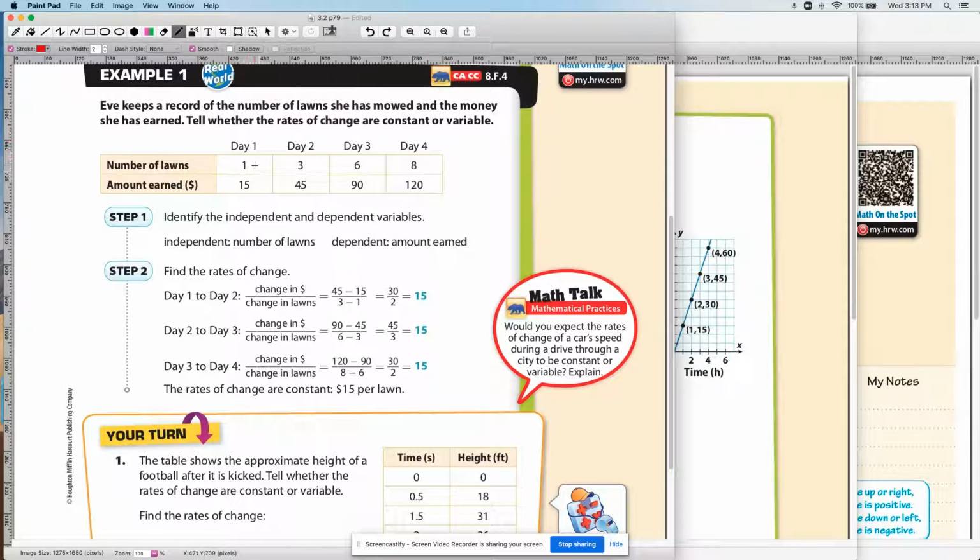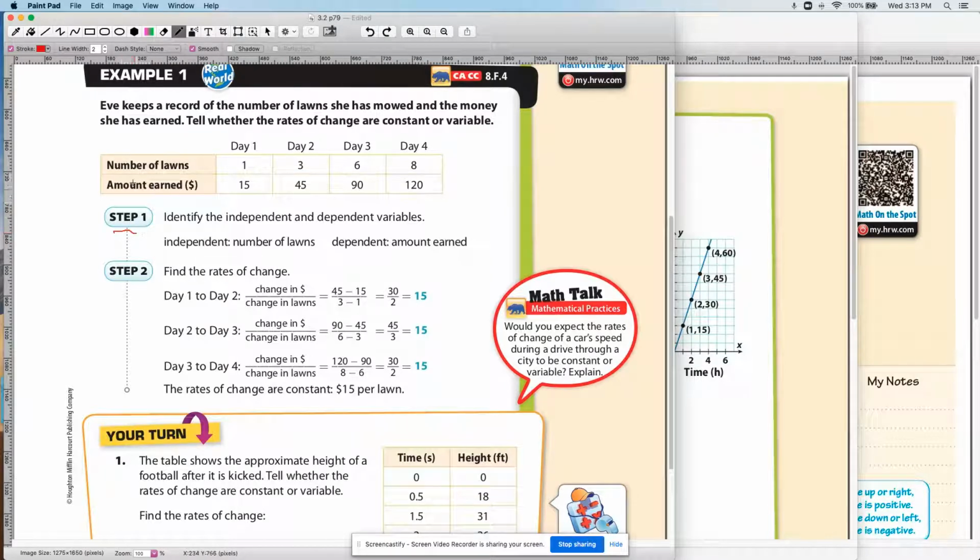On day 1, she mowed 1 lawn, and she earned $15. On day 2, she mowed 3 lawns, and she earned $45. On day 3, she mowed 6 lawns, and she earned $90. And on day 4, she mowed 8 lawns and earned $120.